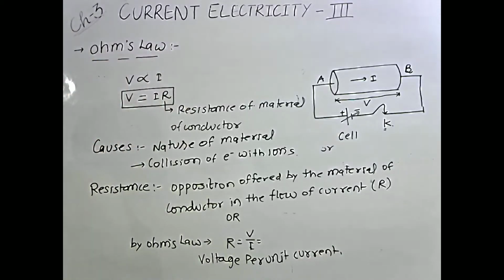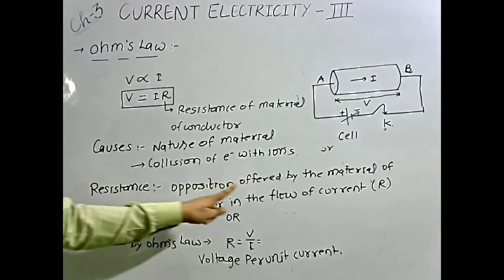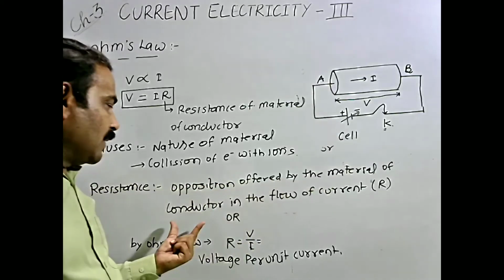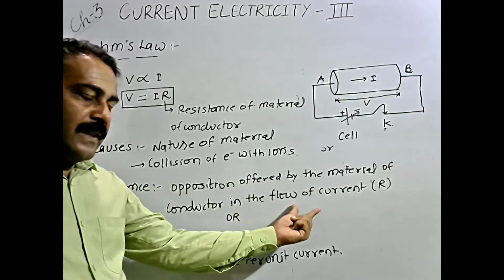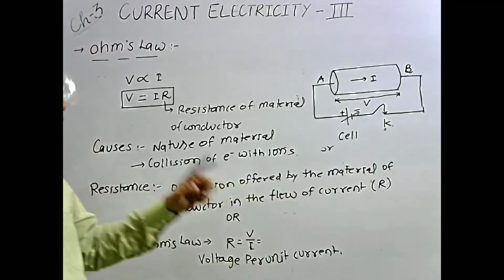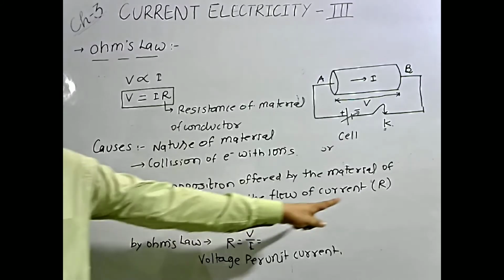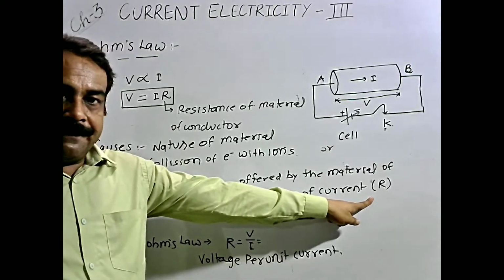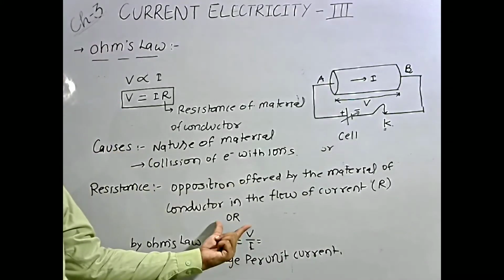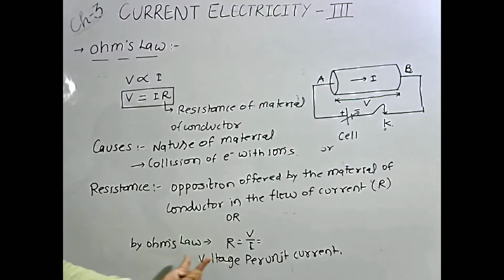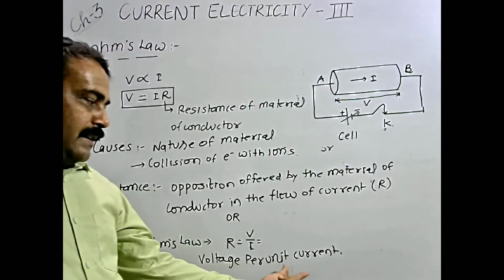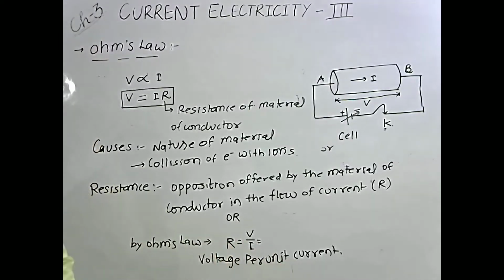Clear? So again you listen to the definition of resistance: the opposition offered by the material of the conductor in the flow of current is called the resistance of the conductor, and it is denoted by capital R. Or according to Ohm's law, the voltage per unit current is known as the resistance of the conductor.